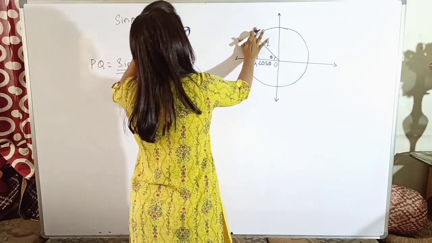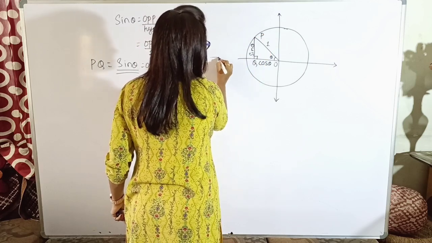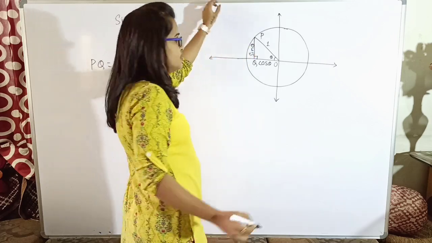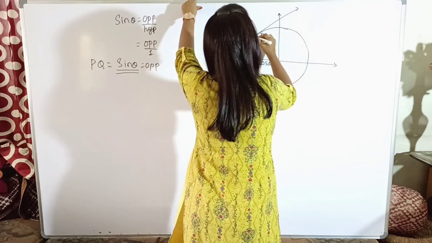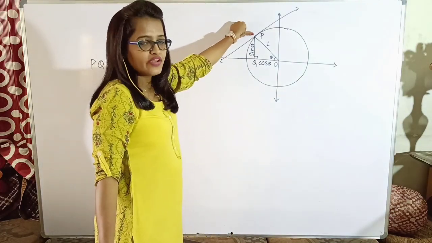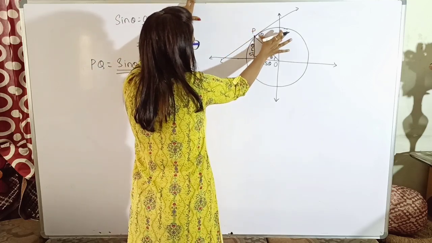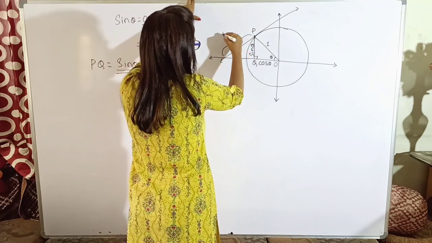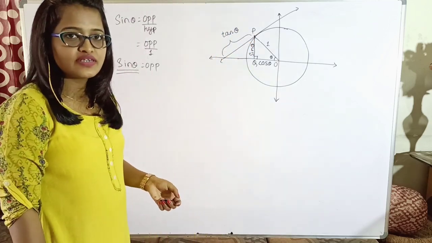Now how will you represent tangent theta? Tangent theta is nothing but the tangent which is drawn at point P. So let us draw a tangent at point P. Now this tangent, wherever it intersects the x-axis, from point P to the point where it intersects the x-axis, this length is nothing but tan theta.